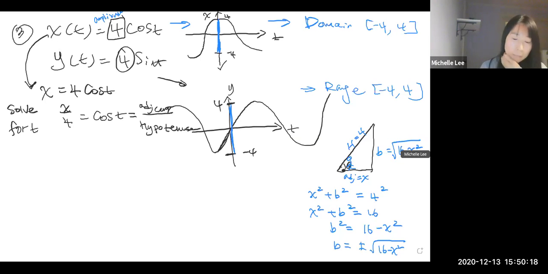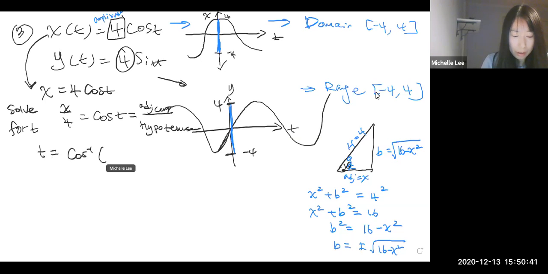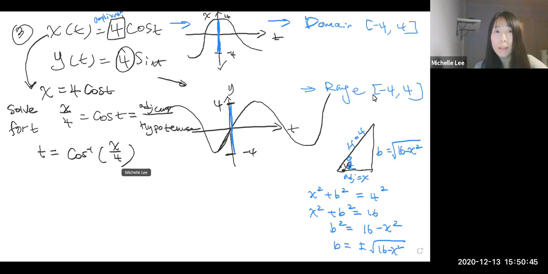But then, let's see, we are done with that right triangle. Let's come back to the left side and solve for t. So t equals the inverse of cosine of x over 4. That's the t.